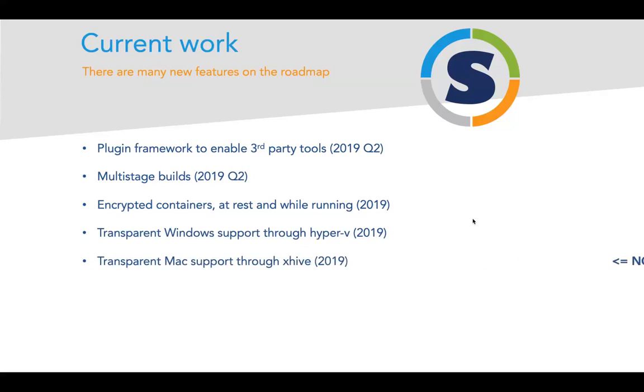In fact, we announced at the Singularity user group just a few weeks ago that this is actually something you can do right now. So if you go to Sylabs.io, there's a section there that has a download where you can install basically a compiled binary for Mac directly on your system, and then you can use Singularity directly on your Mac.